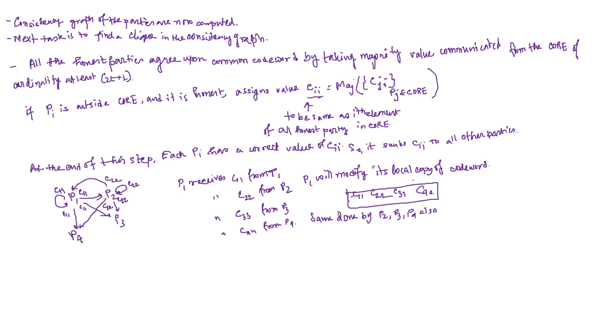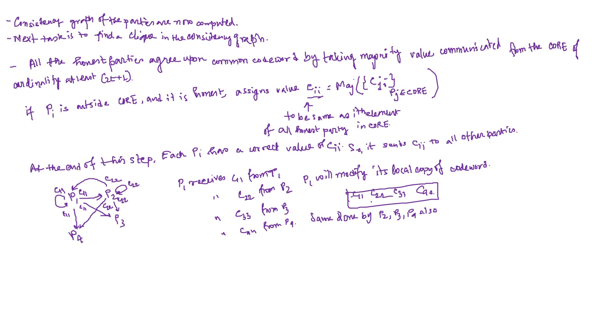Now not all the parties are honest, of course. At most t parties can be maliciously corrupt. So let's say we consider 1 out of 4. Among these 4 parties, in the values sent by the parties to each other, at most one of them could be a wrong value.